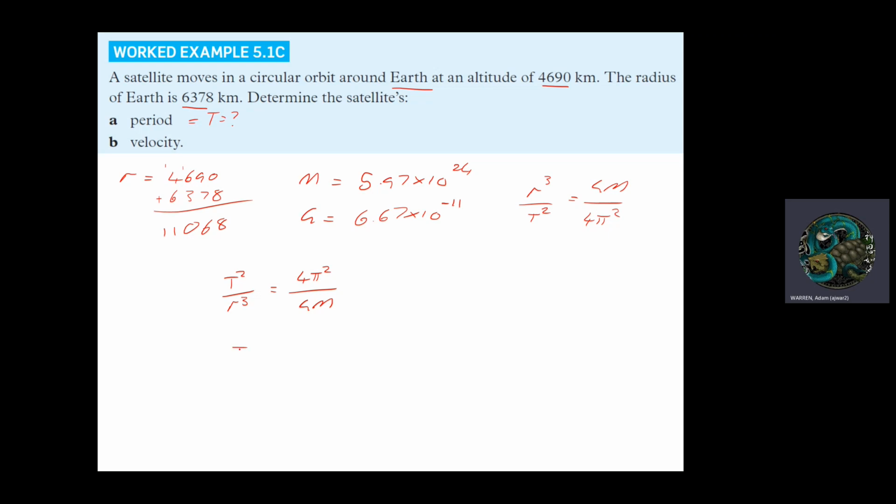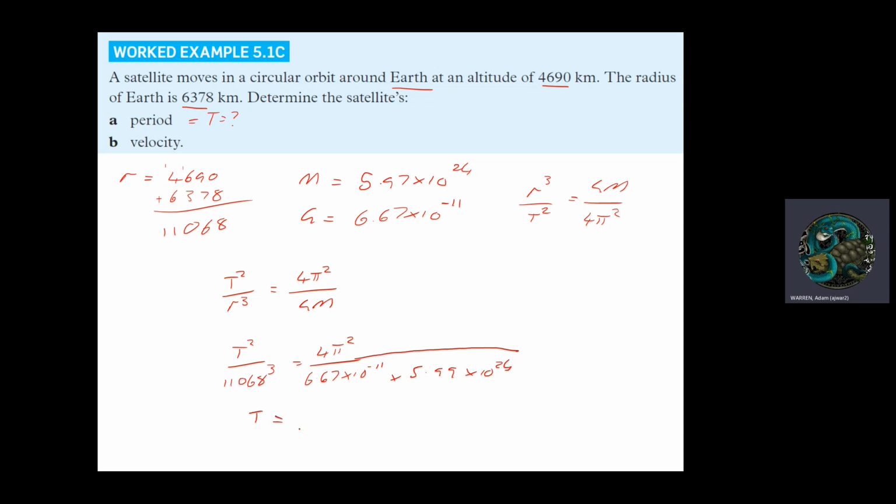So T squared over 11068 cubed equals 4 pi squared over 6.67 times 10 to the negative 11 times 5.97 times 10 to the 24. Ugh, long bit at the bottom. And we can plug all that into a calculator. So I will bring this to the other side so it's multiplied, then take the square root of everything after I've done it.